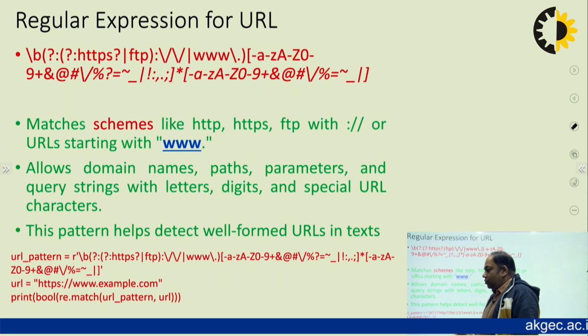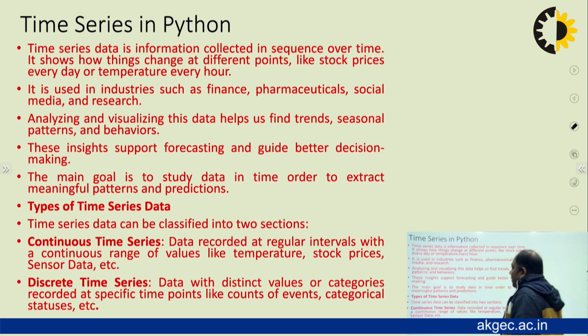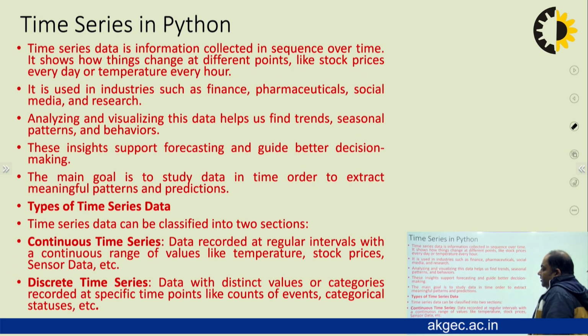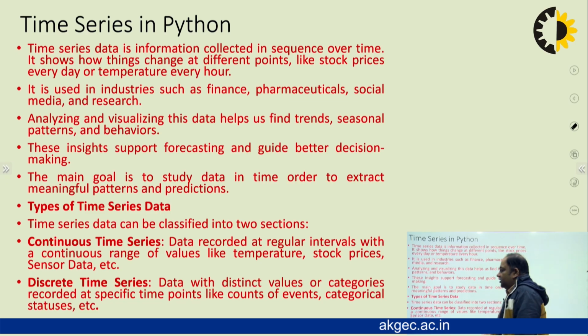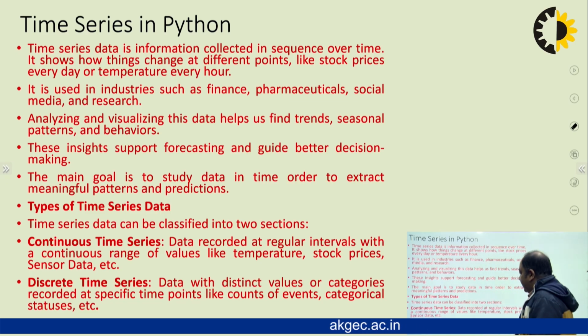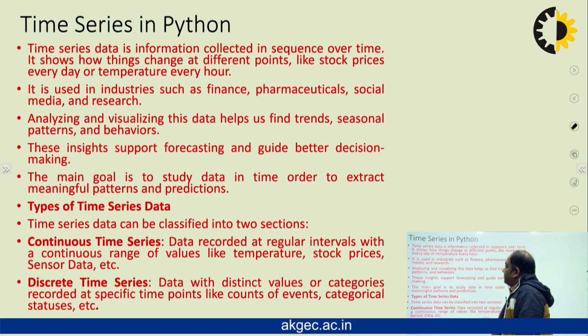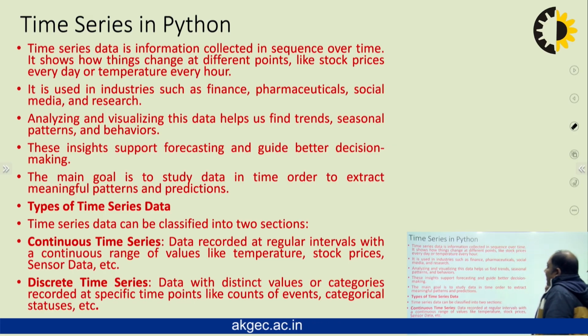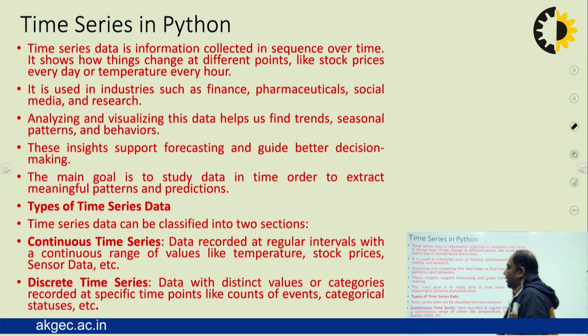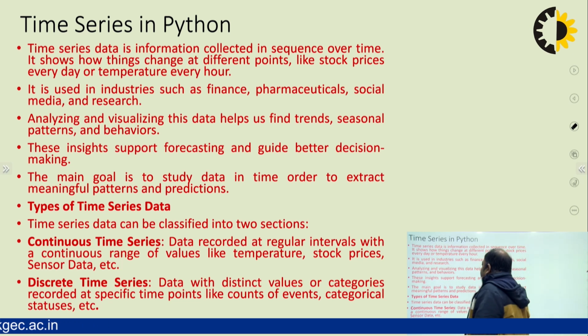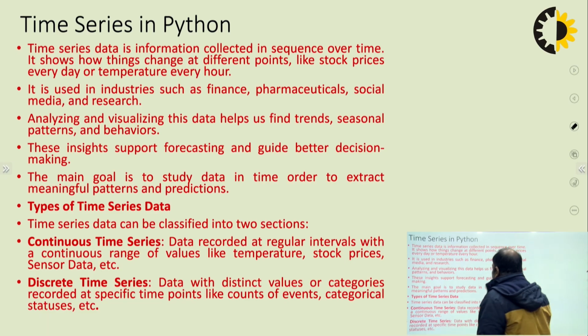Now I come to time series in Python. Basically, there are two types of time series, which are continuous time series and discrete time series. Time series data is information collected in sequence over time, which is used for data analysis. If we want to do any data analytics, if we want to visualize any patterns of our data, then we use time series.